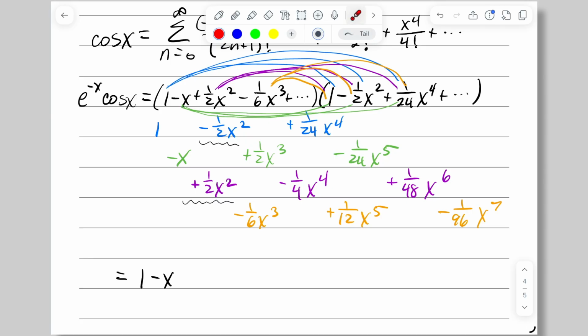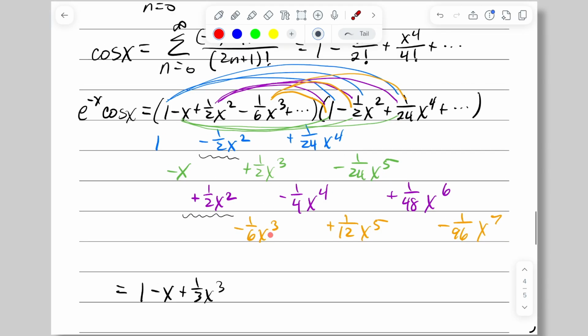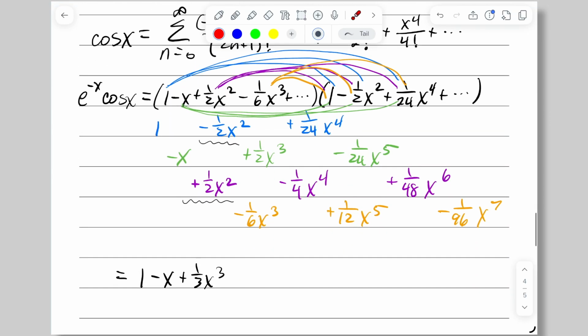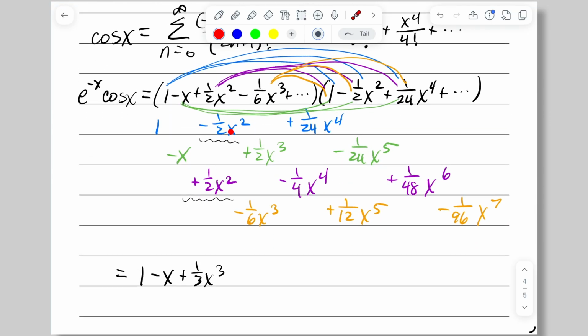Moving on, we have 1/2 x cubed times negative 1/6 x cubed. That's going to give us 1/3 x cubed. But I had maybe thought that we'd only need up to x cubed, because remember, we're looking for the first four non-zero terms. Now I see, since the x squared is subtracted out, we need the x to the fourth term.